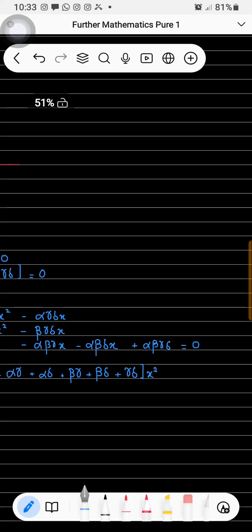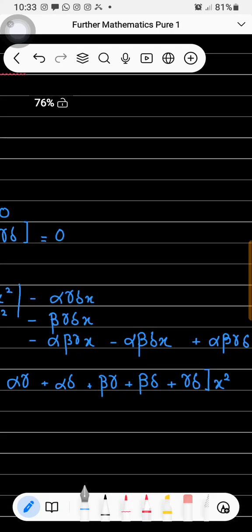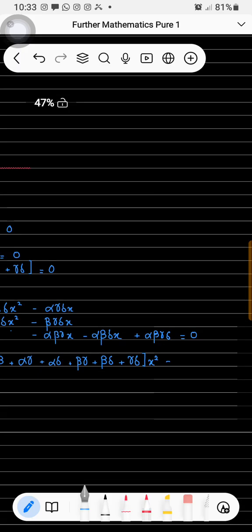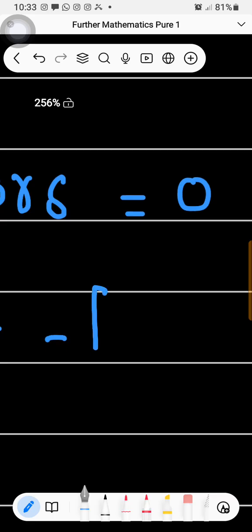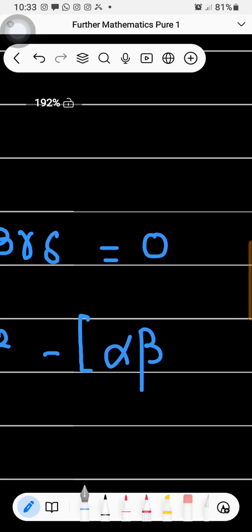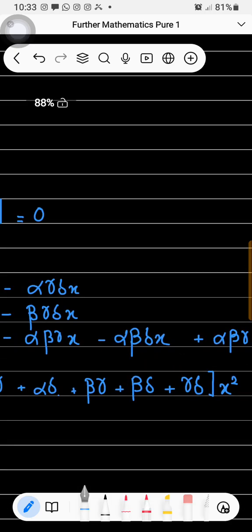Now I have to write the terms with x power 1. This is the section where we can get it. I will take minus common, and I will write alpha beta gamma. Let's see where is alpha beta gamma.